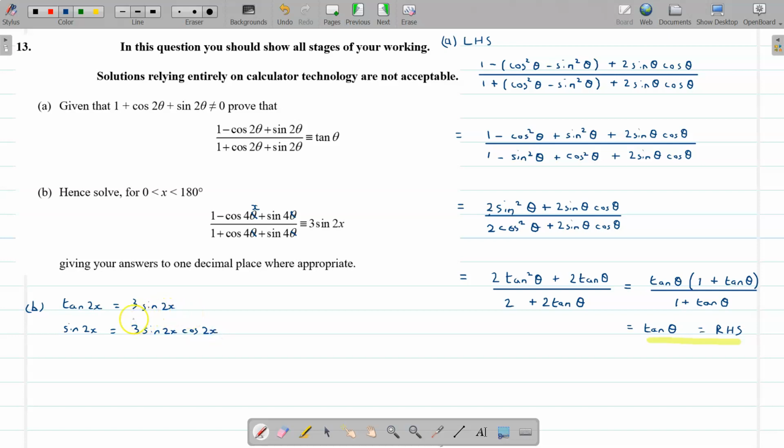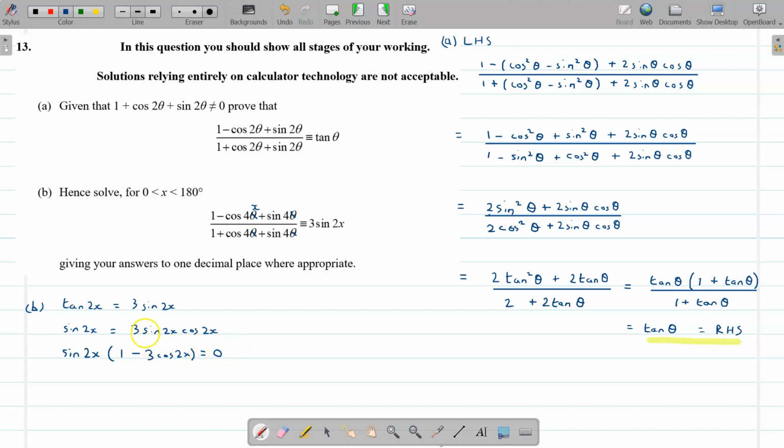Okay, and now I can subtract one from the other to give me 0, and factorize out the sine 2x at the same time. So sine 2x brackets 1 minus 3 cos 2x. Okay, so I've moved everything over to the left and factorized out the sine 2x. You must do that, don't just lose it, because you'll lose the solution.